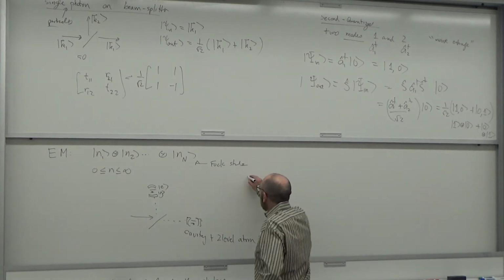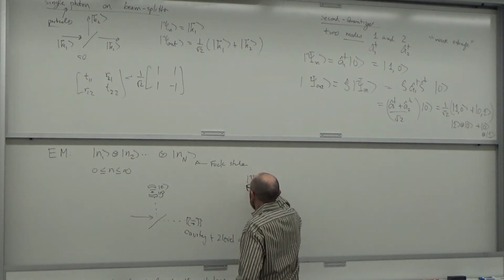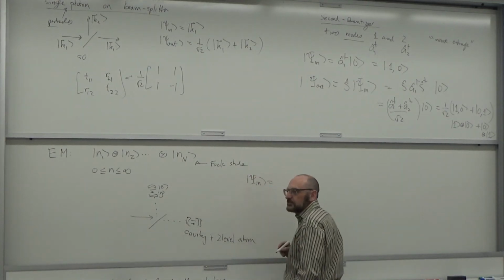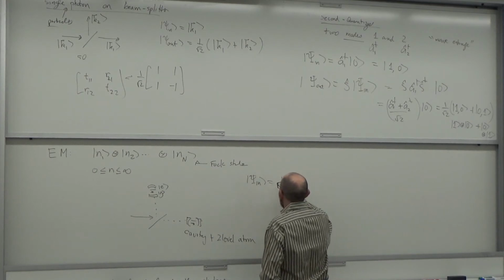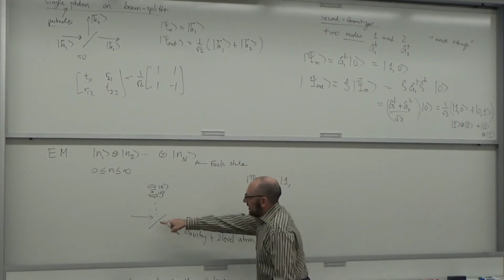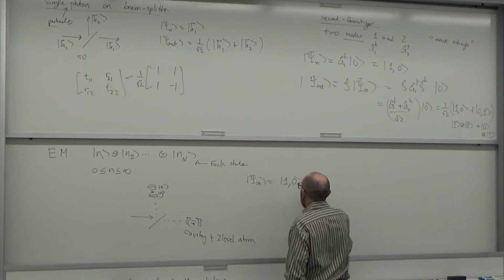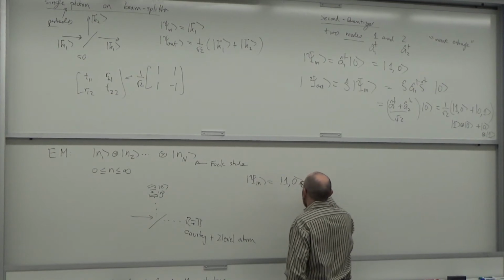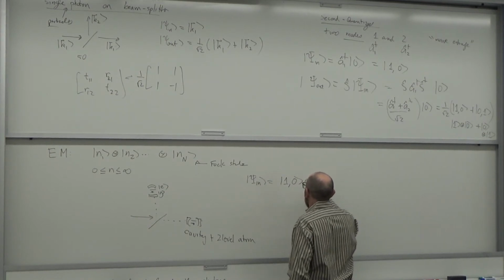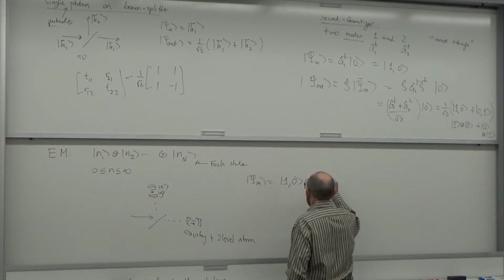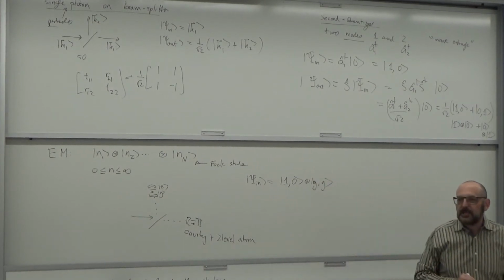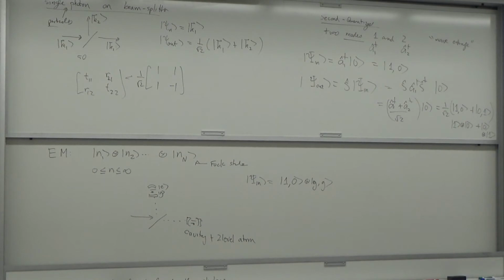So I start with an input state with one photon in this mode, no photons in that mode, and both atoms in the ground state. Okay. What is my output state?